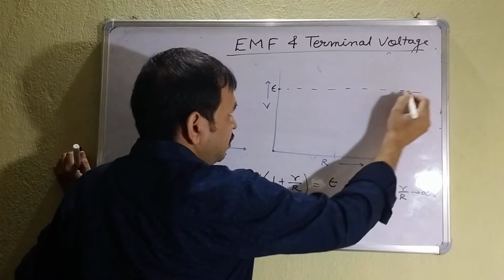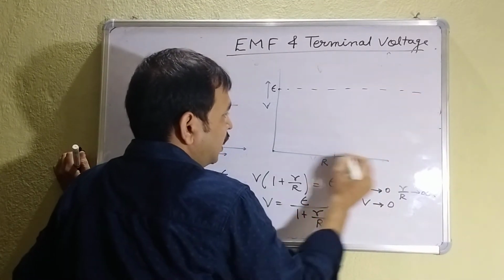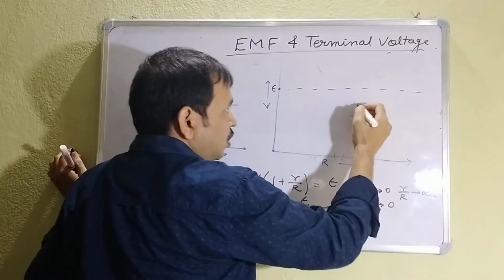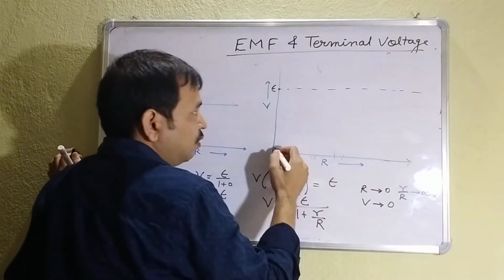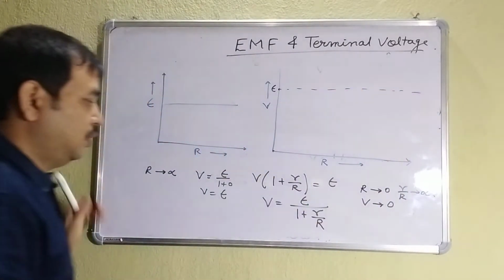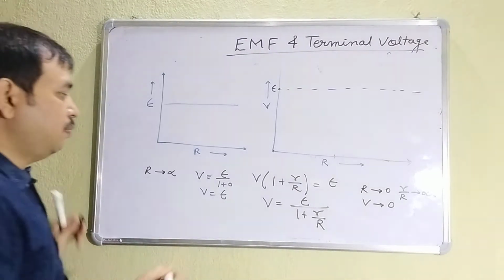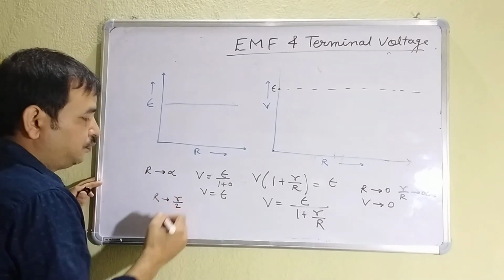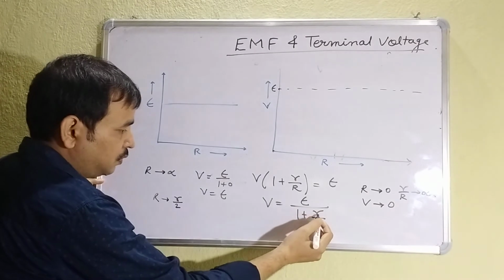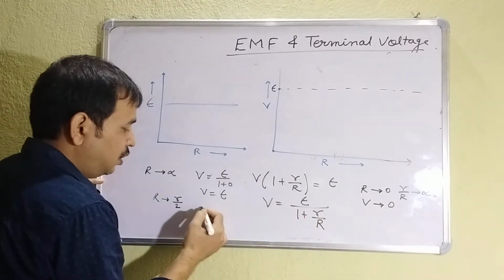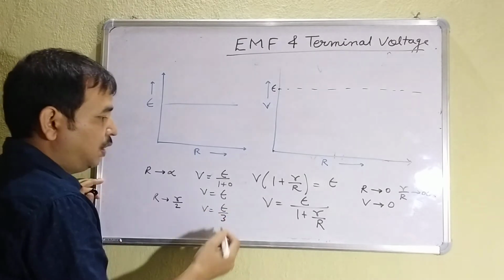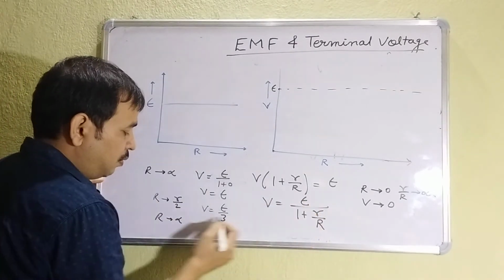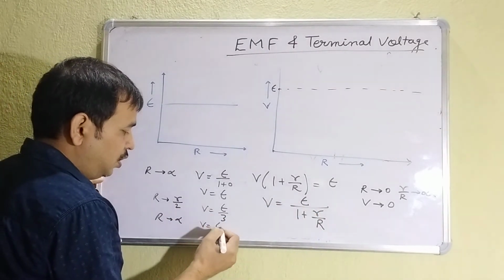When R tends to infinity, we are making this line parallel to this EMF. Now one more thing, we are getting only 2 points. In between these 2 points, suppose you take R is equal to r by 2. So this will become r by 2, r cancel, 2 plus 1, 3. V is E by 3. Similarly, if you take R is equal to r, then V will become E by 2.